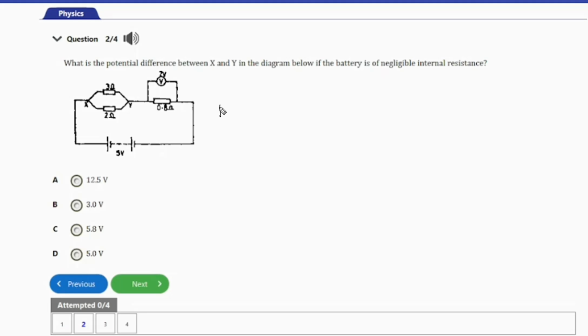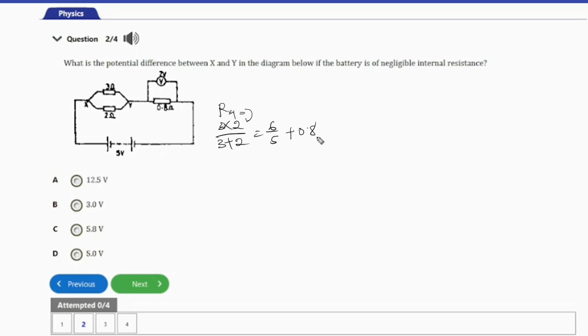First of all, to find the resistance from X to Y, we can simply do 3 times 2 over 3 plus 2. So when we do this, that will give us 6 over 5. So in that case, R for X and Y will be 6 over 5. So now that we've gotten this as 6 over 5, we're going to add it to this 0.8 ohms in series.